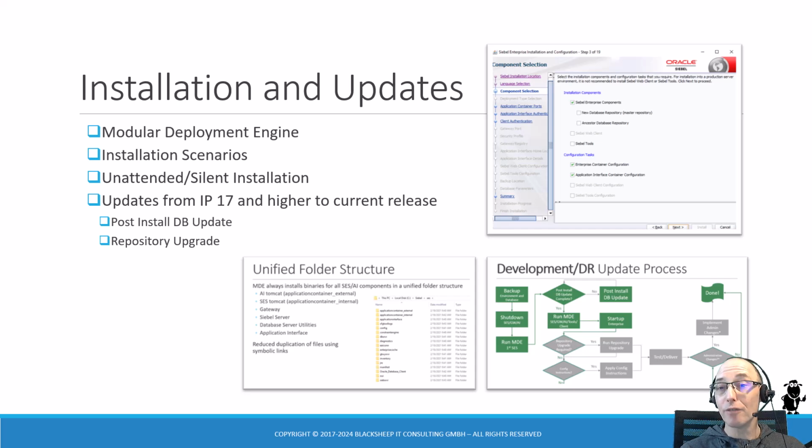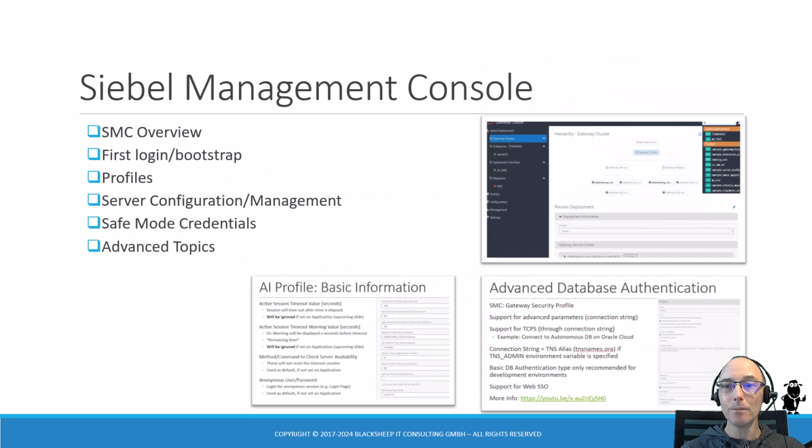We cover a lot of installation scenarios, including unattended and silent installation. And you will also learn about the utilities involved in an update, such as the post-install DB update utility or the repository upgrade utility.